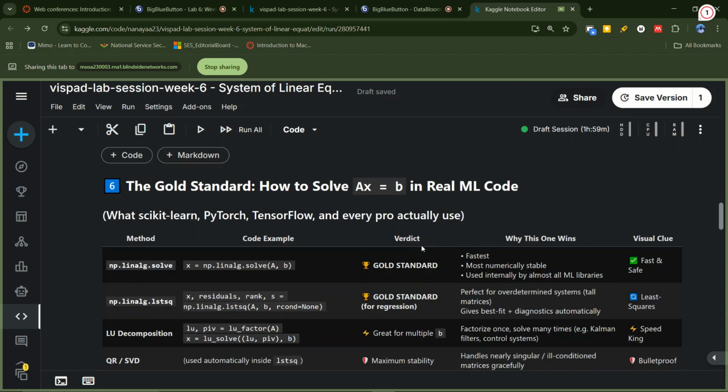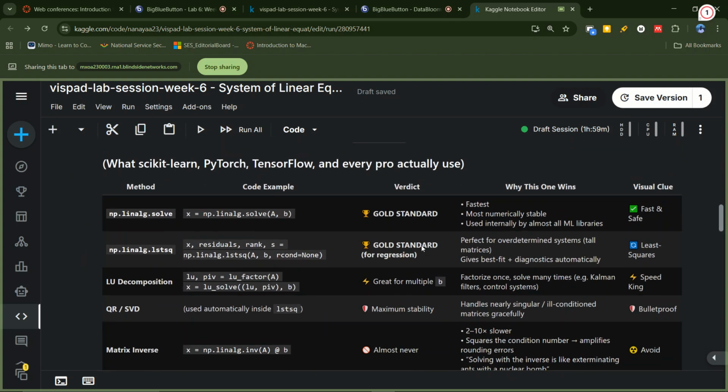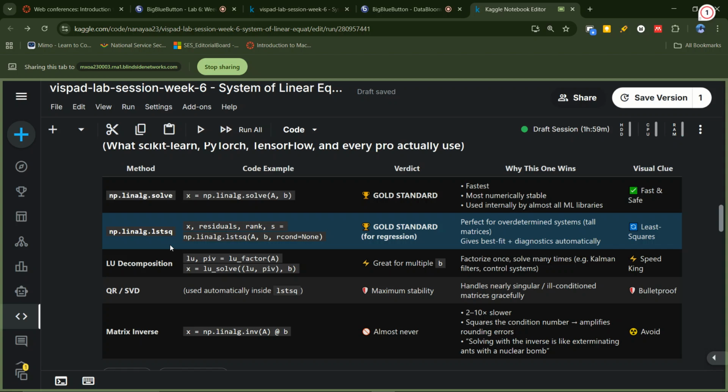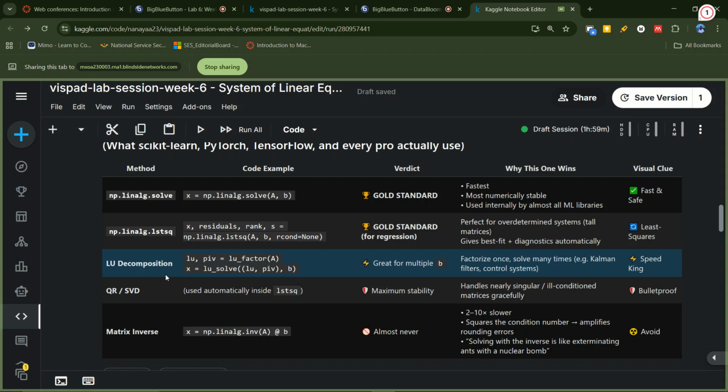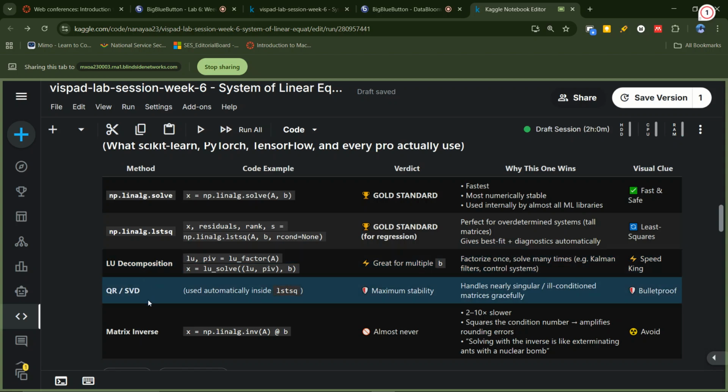So we've used this before. This is also another standard way. We usually use it in regression tasks. It's also used when you have more equations than unknowns. Then LU decomposition and singular value decomposition, which we will explain tomorrow.